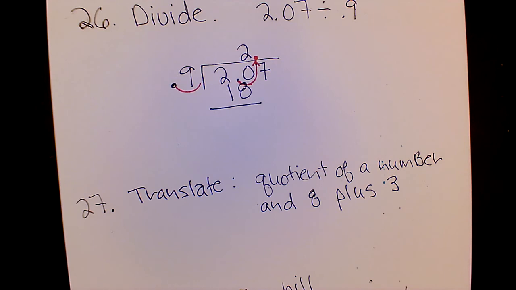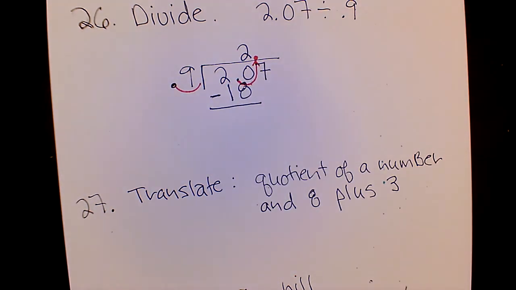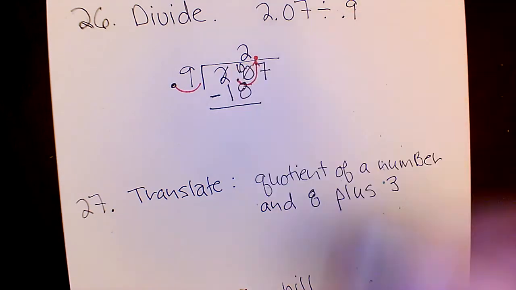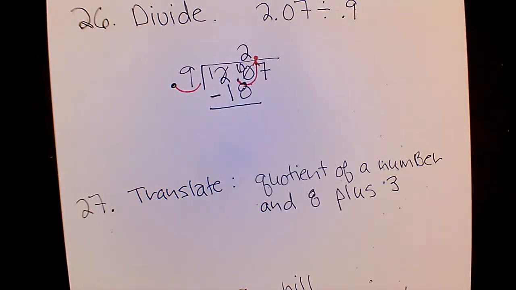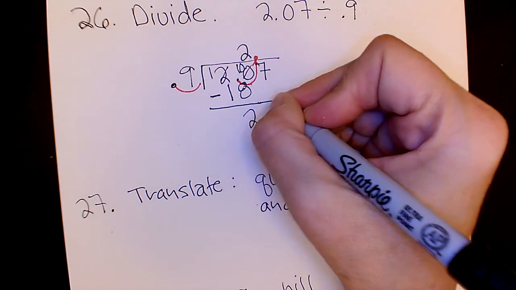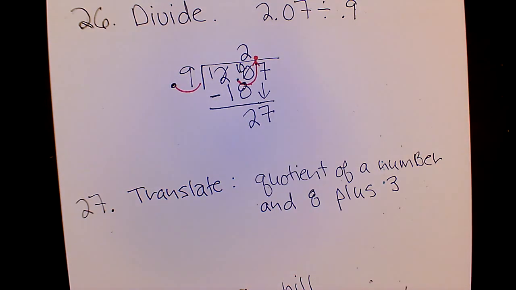So it goes in twice, which is 18. Subtract down. So that's 20 minus 18, or 10 minus 8, which is 2, and I bring down the 7.